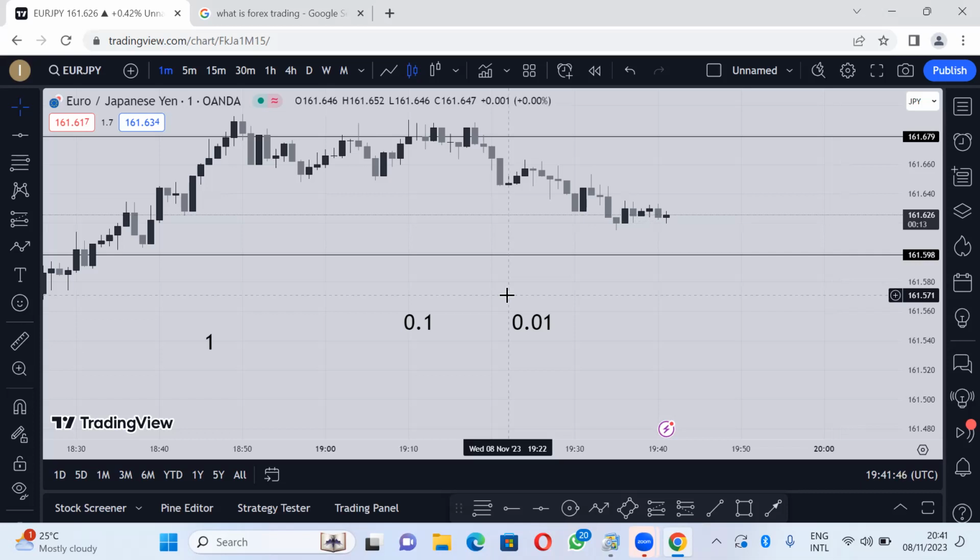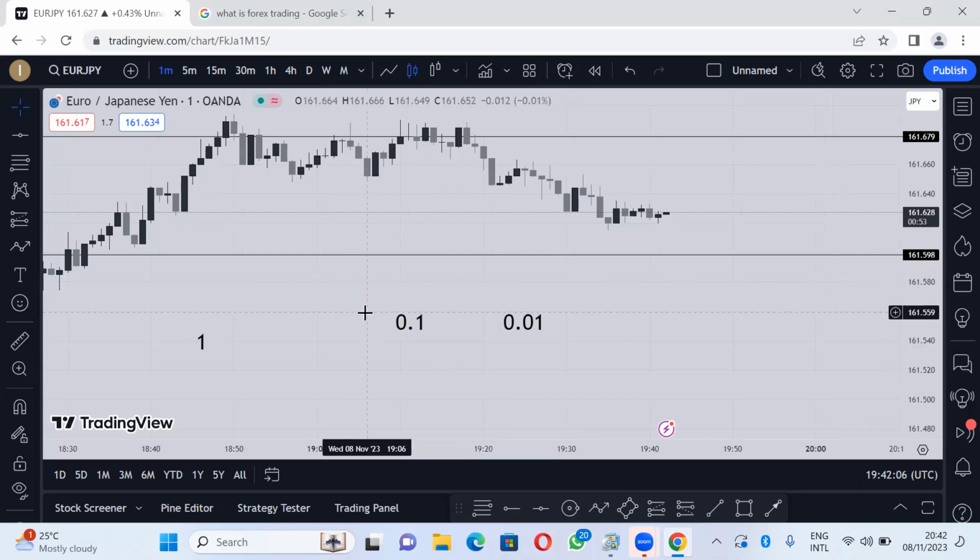Then you want to calculate that for this trade, I want to risk just $1. Now you already know your stop loss, and you are looking for the lot size to use so that you lose only that particular $1. You calculate it and say, this is the lot size I will use.